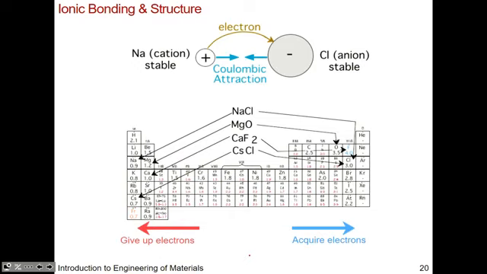Another example of ionic bonding occurs in sodium chloride. Here you see the sodium 1+ cation, the chloride 1- anion, and the electron transfer occurs as you see here. Because one is negatively charged and one is positively charged, there will also be Coulombic attraction.